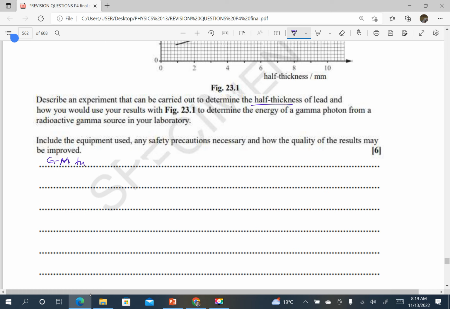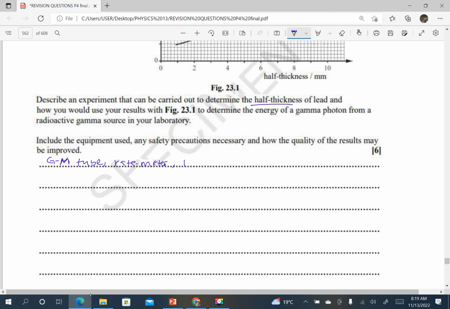I don't know what is wrong with my pen. We will need a GM tube. We will need a ratemeter because we are going to be looking at activity.